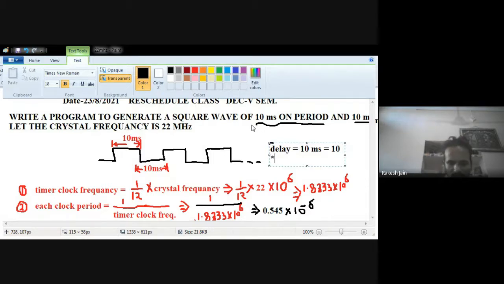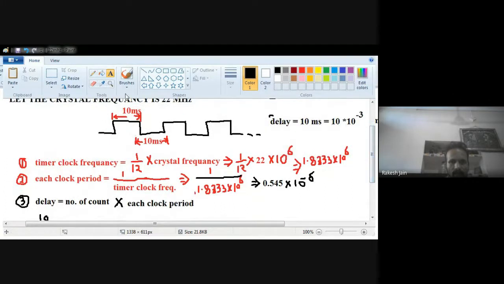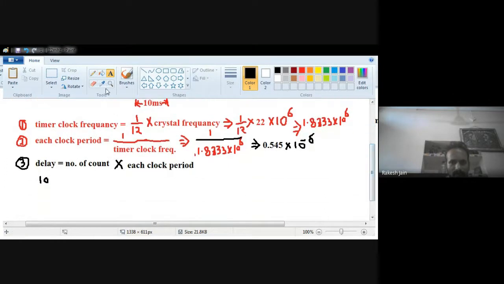So at the place of delay, I just write down 10 multiplied by 10 to power minus 3.